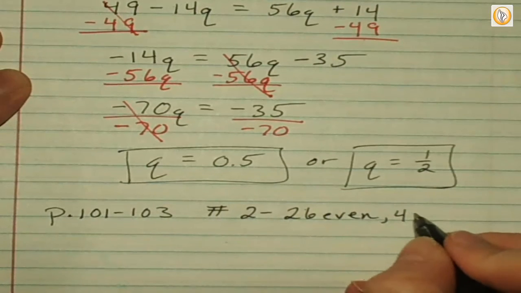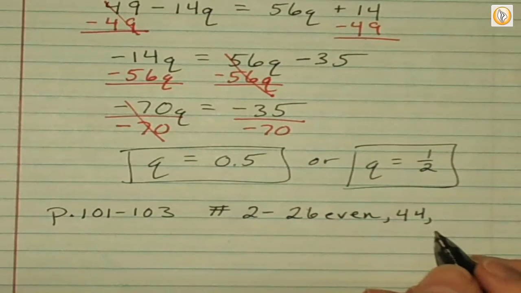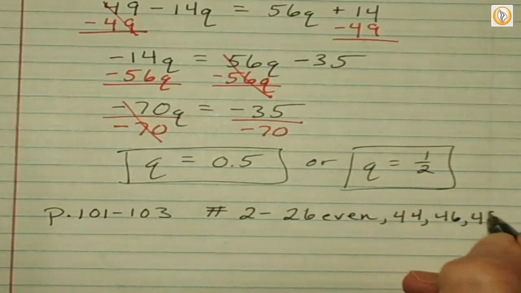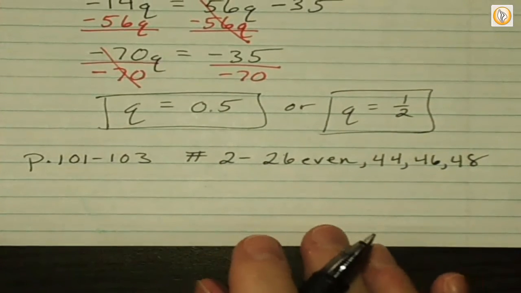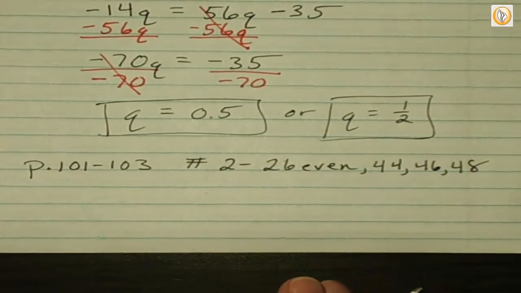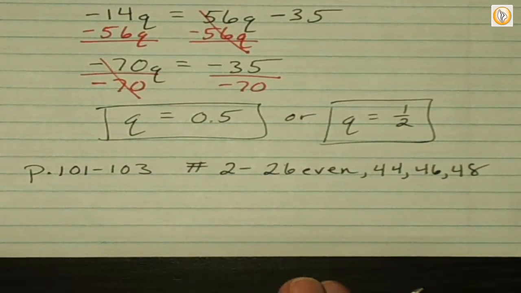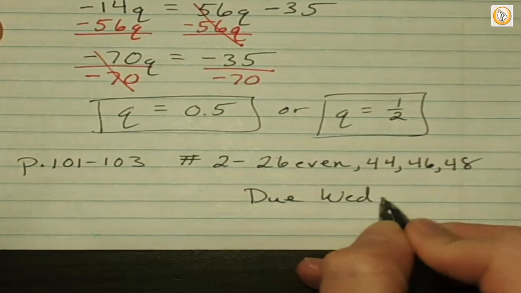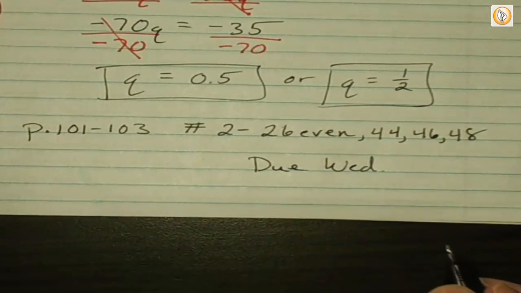And 44, 46 and 48. I'm feeling generous. Y'all can do this. It's due Wednesday. By the way, that's 16 problems.